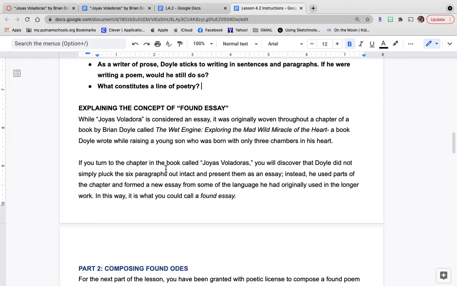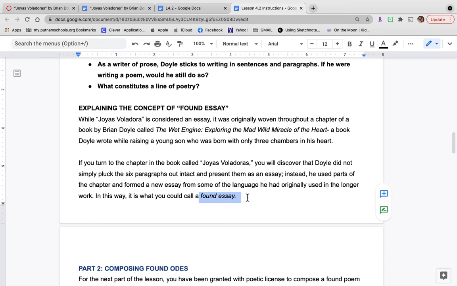If you turn to the chapter in the book called Joyous Veladores, you will discover that Doyle did not simply pluck 6 paragraphs out intact and present them as an essay. Instead, he used parts of the chapter and formed a new essay from some of the language he had originally used in the longer work. So, in this way, it's what you call a found essay. He found all of this information from a chapter in his book.